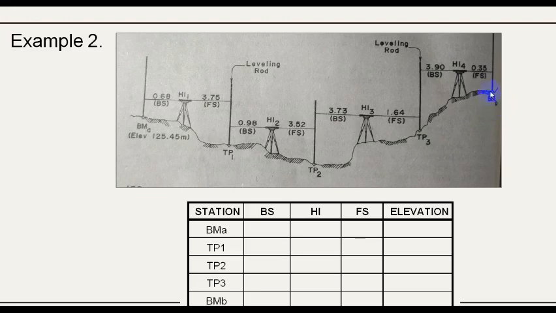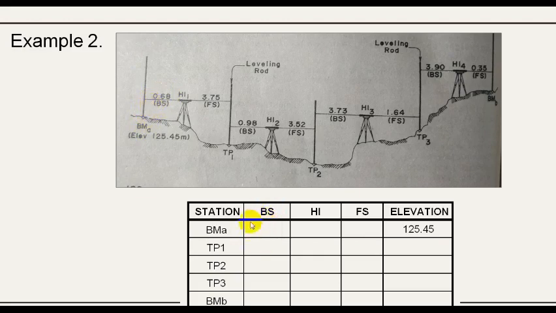Okay. So, from atong benchmark A with a known elevation na 125.45 meters. Then, sa atong first setup, natay atong isite ang benchmark A na naay backside reading na 0.68, meaning from the ground to this line of sight na ay 0.68 meters.